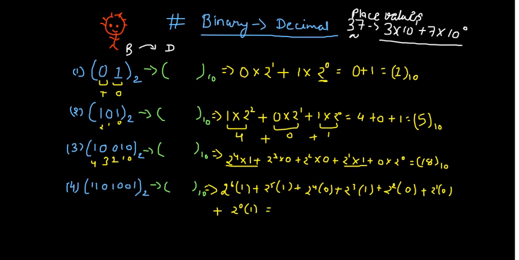Now on calculating we get 64, 32, this is going to be 0, this is going to be 8 and this is going to be 1.